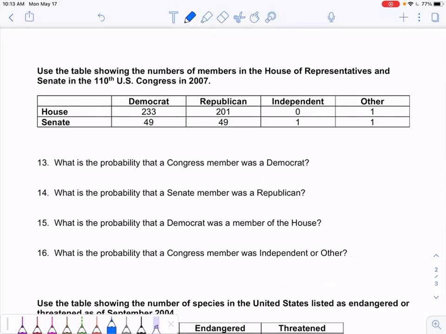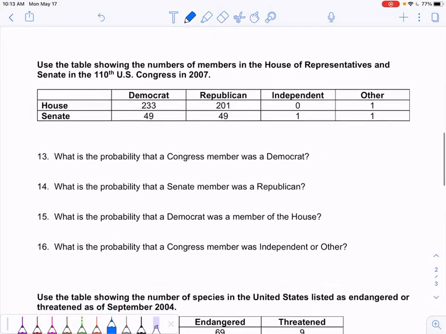What is the probability that a Congress member was a Democrat? The information in the chart shows the total number of Congress members. So first thing we're going to have to do is get a total. So if you want to add across, the number in the House would be 233 plus 201 plus 1.